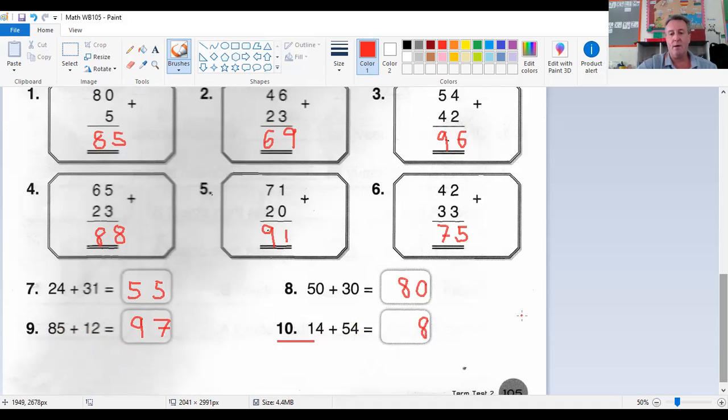Remember, if we can count on, we can say 4 and then count on 5, 6, 7, 8. 4 plus 4 is 8, and 1 plus 5, which is really 10 plus 50, because it's in the 10 spot. But 1 plus 5 is 6. What's 10 plus 50? 60.